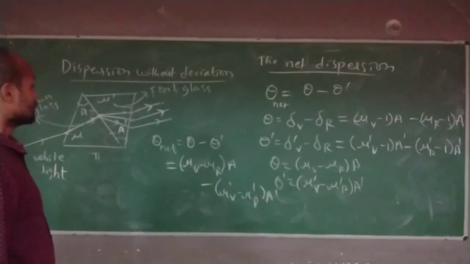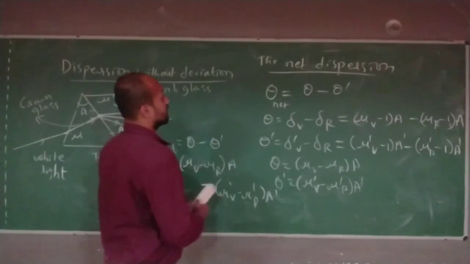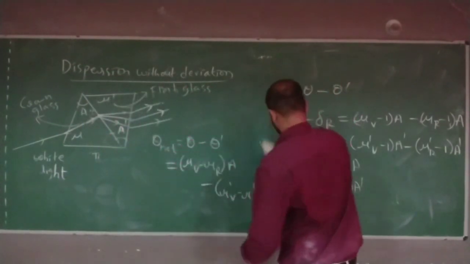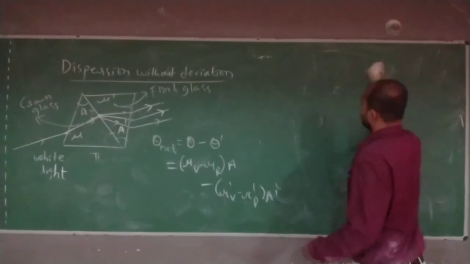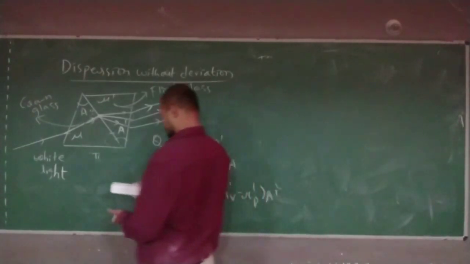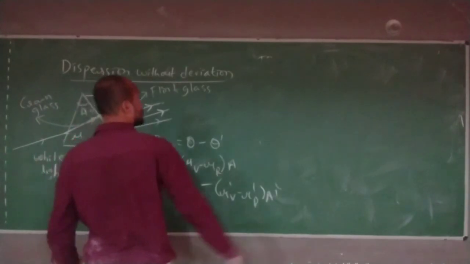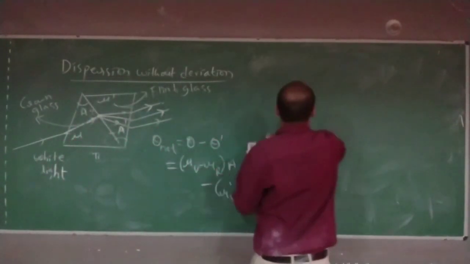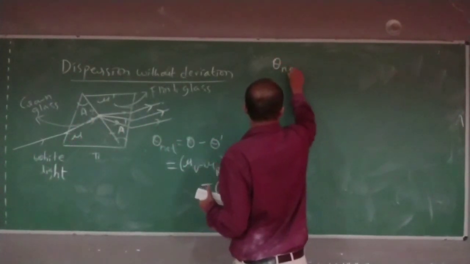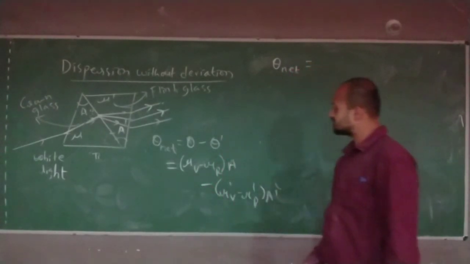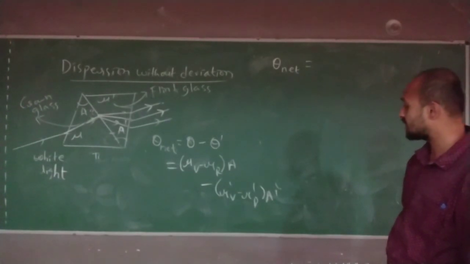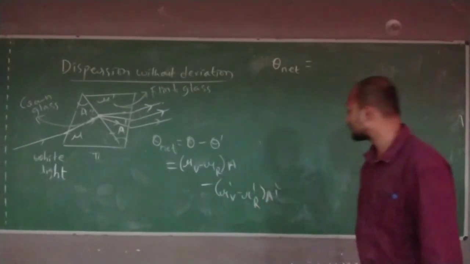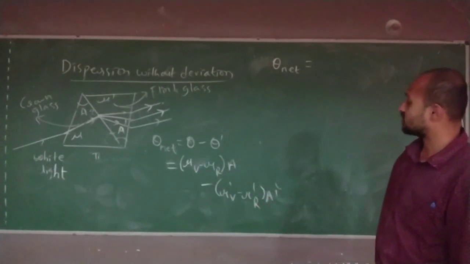So I am going to rub this side. The net dispersion we are going to find. What is that net dispersion? (Mu v minus mu r) into A minus (mu dash v minus mu dash r) into A dash. Correct now?